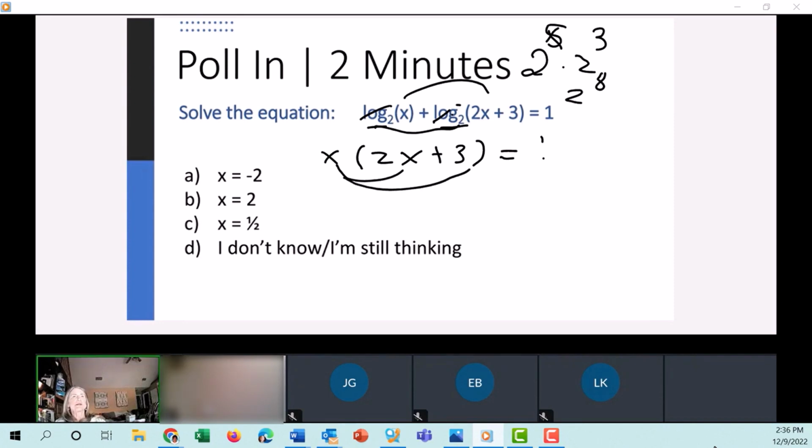So this simplifies to 2x squared plus 3x equals 1. All right, I'm going to resume my timer. Now, where do I go from here? Subtract 1.